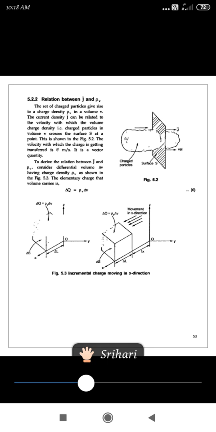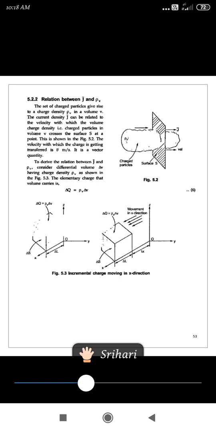To derive the relation between J and rho v, consider a differential volume del v having the charge density rho v, as shown in the figures. See these two figures, figure 5.2 and 5.3, which indicate the volume consideration.